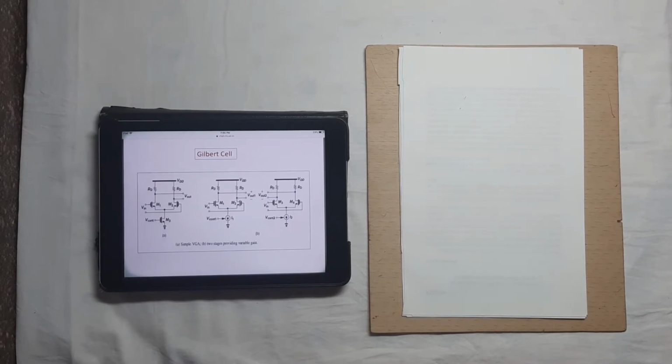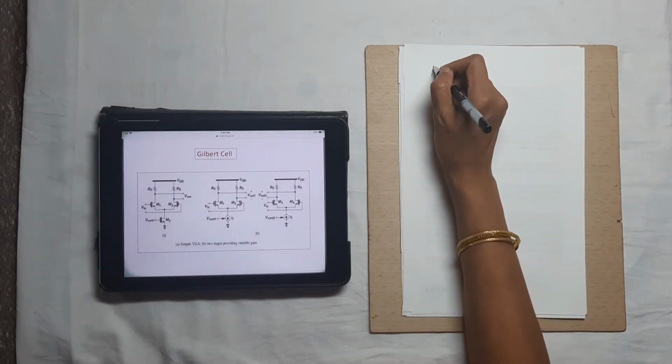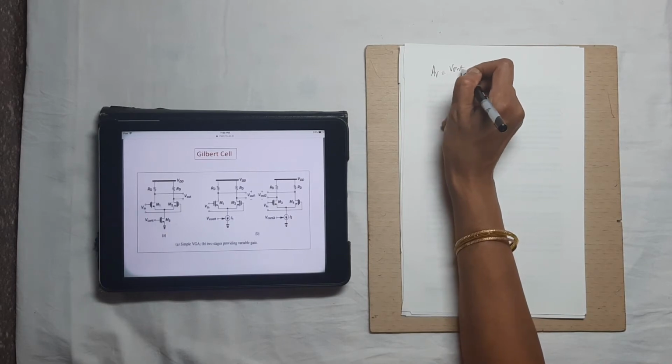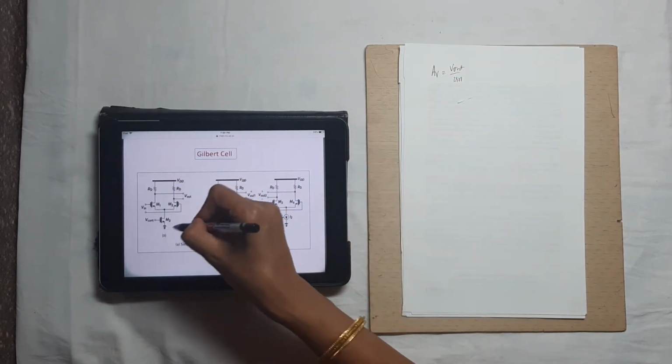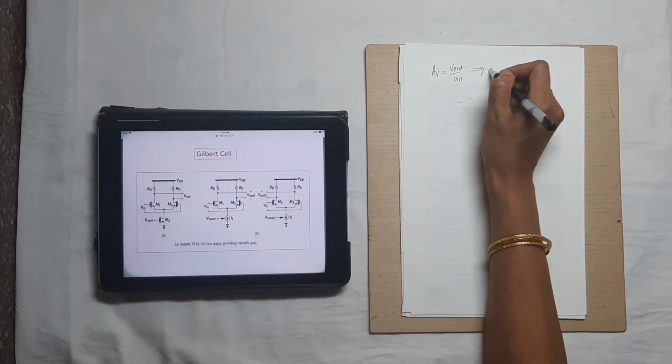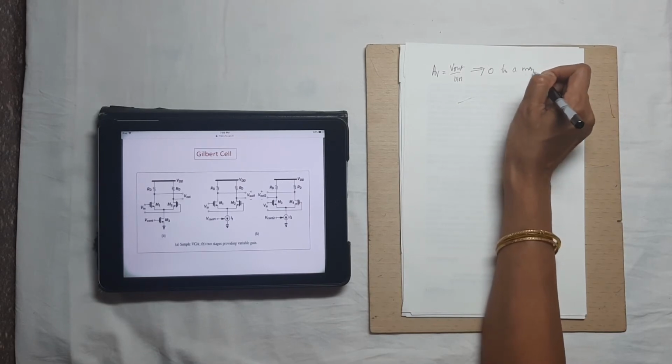Here AV, which is Vout by Vin, varies from 0 to a maximum value.